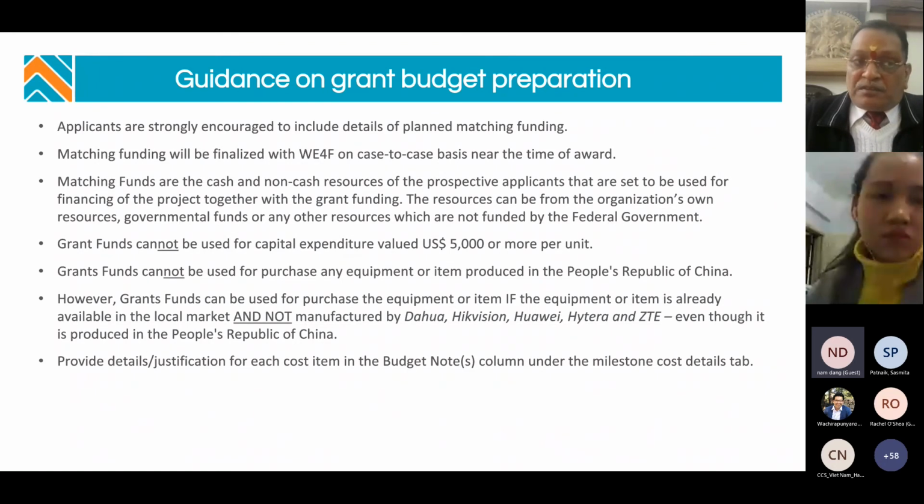And as a regulation, the grant funds cannot be used to purchase any equipment or item produced in the People's Republic of China.